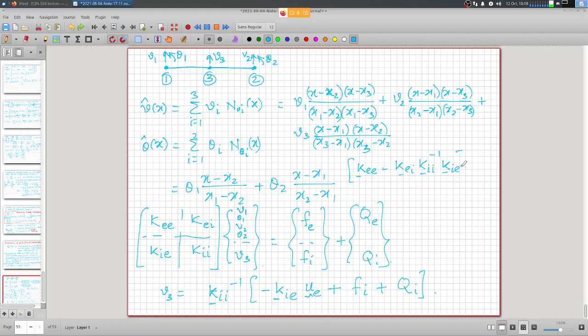This is the modified stiffness matrix, which will multiply the degrees of freedom at the exterior points, the common nodes with other elements, the boundary nodes of the element.